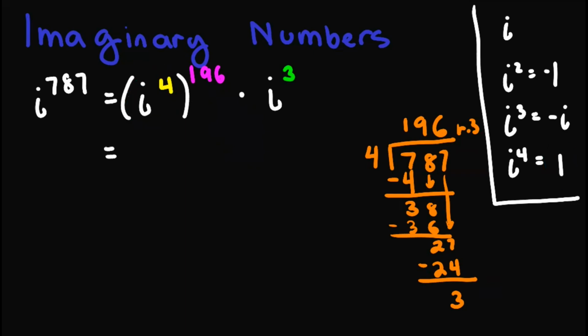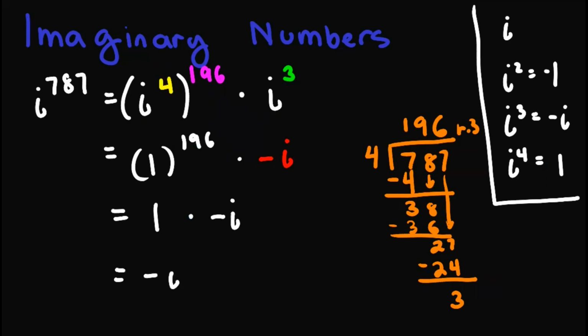So we'll have here 1 raised to 196 and i cubed is equal to -i. So 1 raised to 196 is simply equal to 1 times -i, or simply -i. So that is how we deal with imaginary numbers.